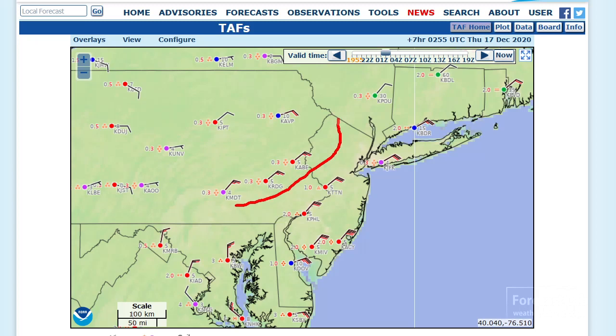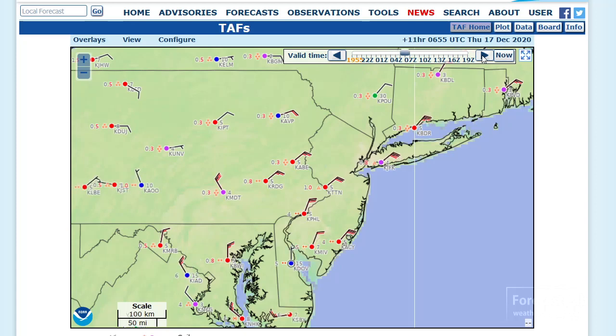So you can see that they're going mostly for snow in Pennsylvania. Got some ice pellets being reported there at Trenton. And Philadelphia, yeah, that's going to be rain right there. And by advancing this, you can kind of see the progression of the precip as the time groups for the TAFs change.